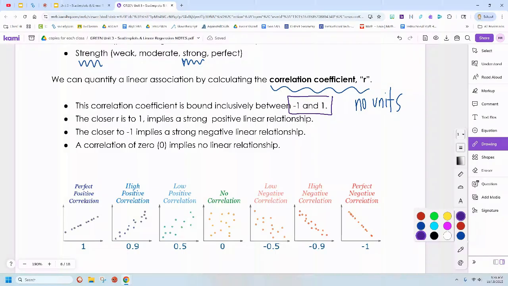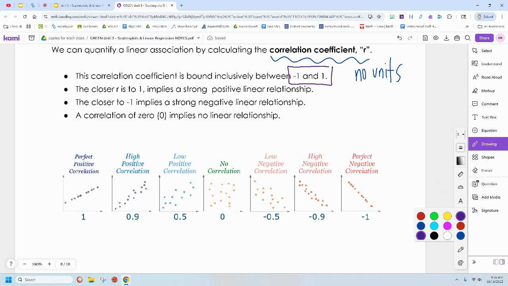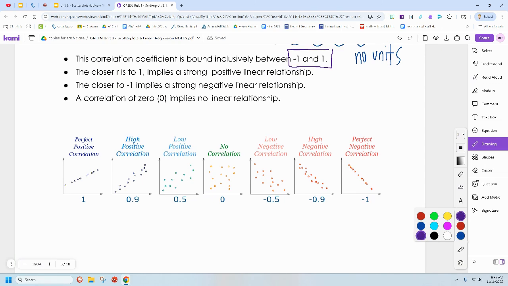And so positive values are positive and negative values are negative. But what's kind of interesting is that when we're around 0, that's when there's no correlation. And then we also have that idea of weakness, being weak on either side.